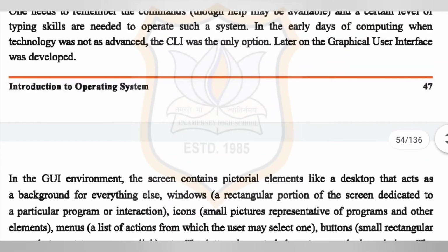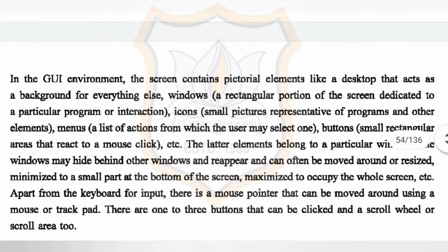In the early days of computing, when technology was not as advanced, the CLI was the only option. Later on, graphical user interface was developed.